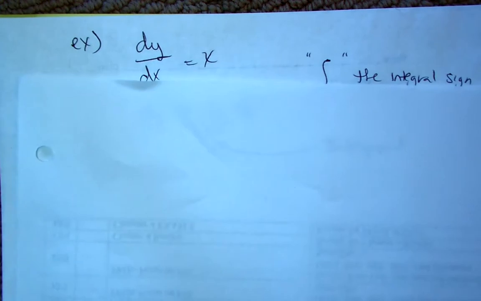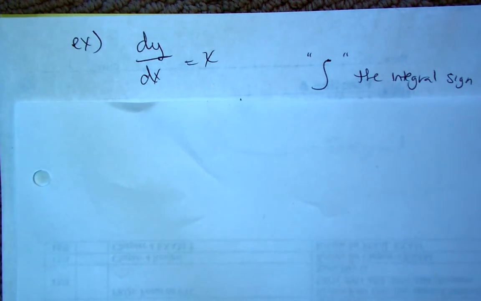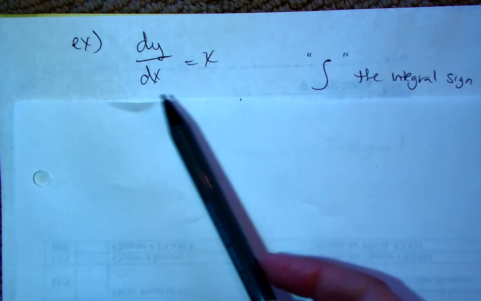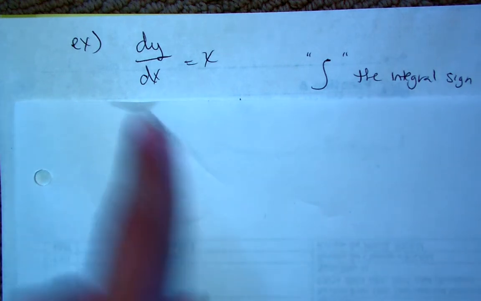Let's do some more. So this is another way to write the first derivative, correct? dy over dx equals x. That's with respect to x.